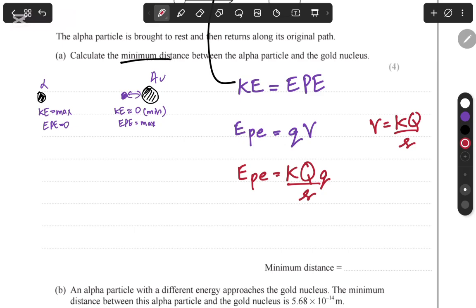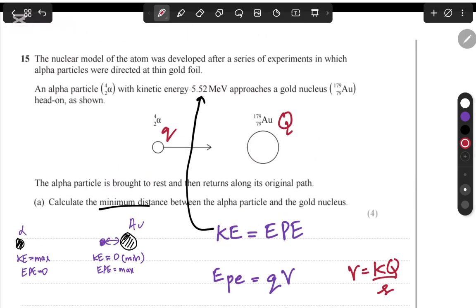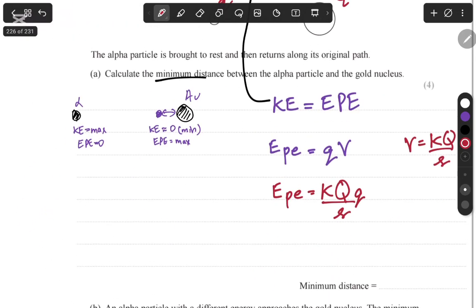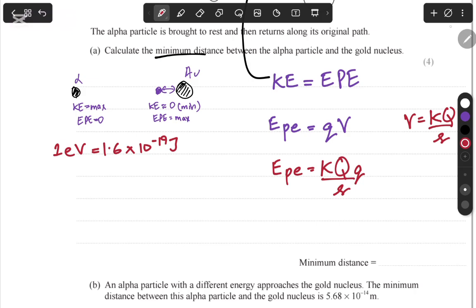Now first things first, let's change that 5.52 mega electron volts into joules. So we know 1 eV is equal to 1.6 times 10 to the power of minus 19 joules. And 1 MeV is going to be equal to 1.6 times 10 to the power of minus 13. We're just taking both sides and multiplying both sides by 10 to the power of 6.